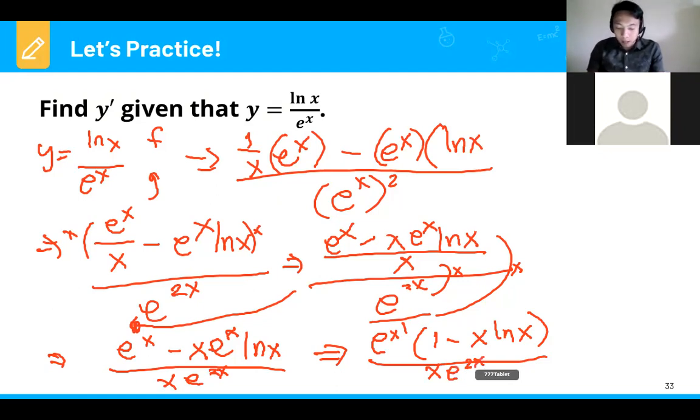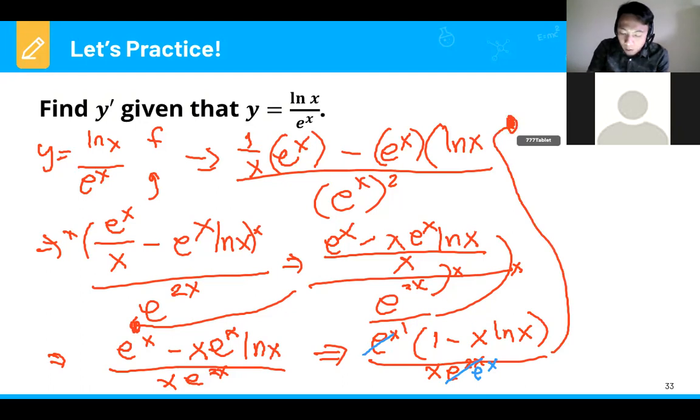And since doon sa upper part natin, meron tayong e raised to x, sa baba, meron tayong e raised to x. So we can cancel those two. Dito, matitira na lang e raised to x, because we have e raised to 2x, so cancelled by 1, we still have e raised to x. So the final answer we have here is 1 minus x ln x all over x e raised to x.